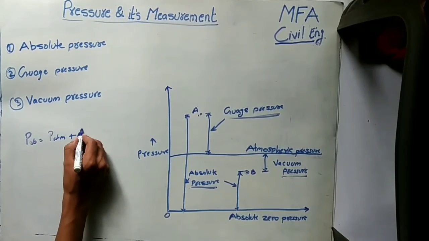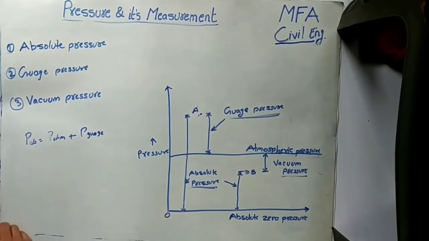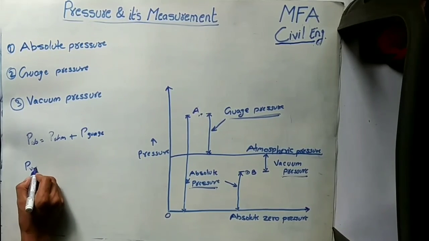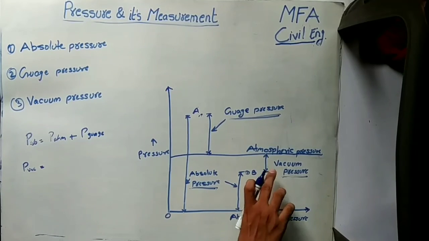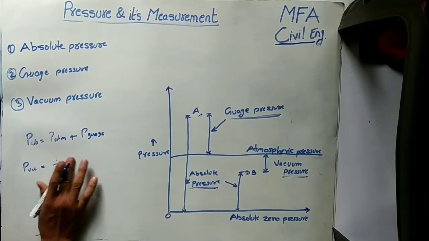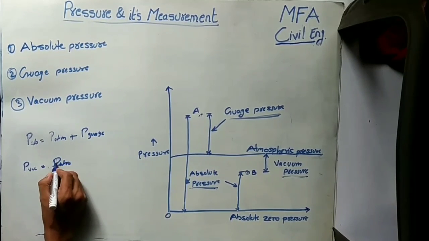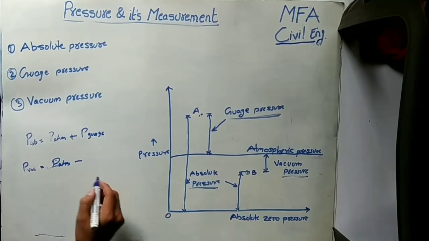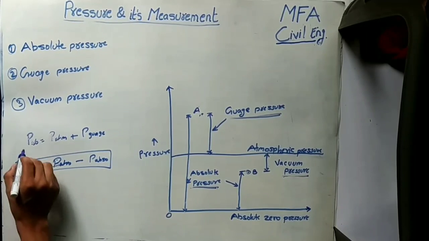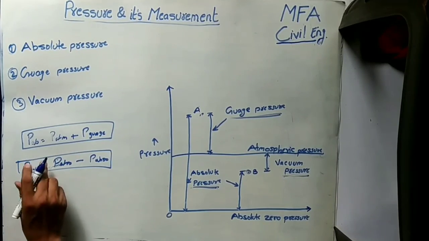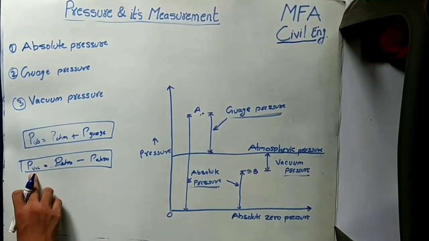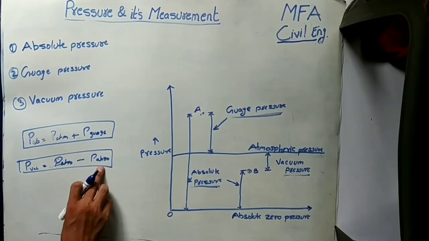Now the second relation, for the vacuum pressure: vacuum pressure is equal to atmospheric pressure minus the absolute pressure. Okay, this is the relation between the absolute pressure, atmospheric pressure and the gauge pressure, and similarly the vacuum pressure, atmospheric pressure and absolute pressure.